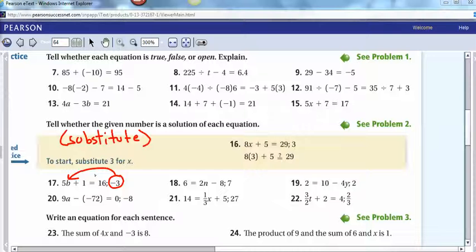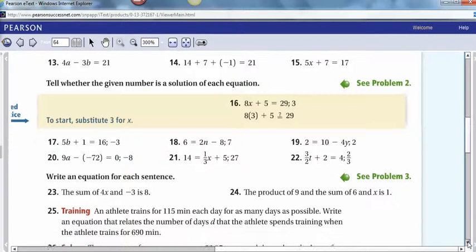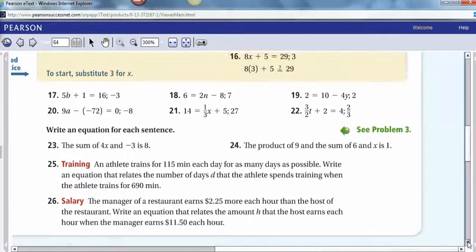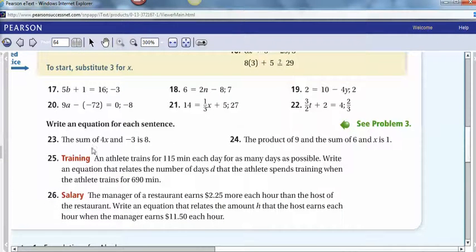Okay? And then here on 23 through 26, the sum, what does sum mean to do? Add, of 4x and negative 3. So how would we write that? 4x plus negative 3 means equals 8.